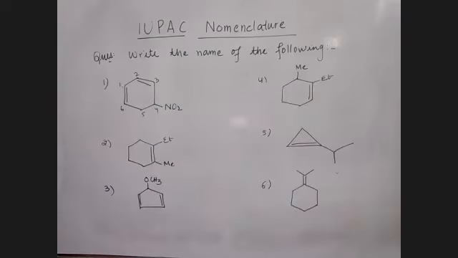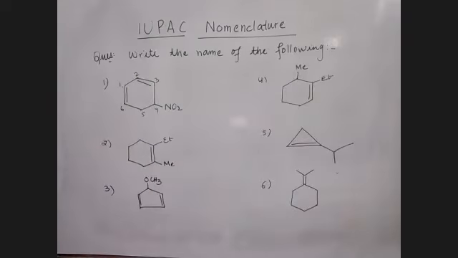You start numbering from this side, 1, 2, 3, 4, 5, 6. But numbering will always start from double bond. Why? Correct. The reason is double bond is preferred over side chain. Double bond is preferred over substituent.